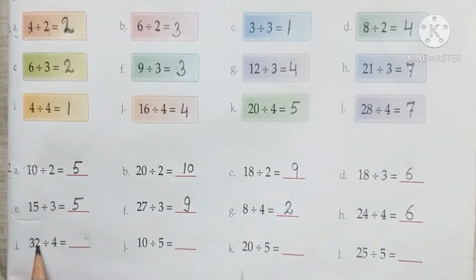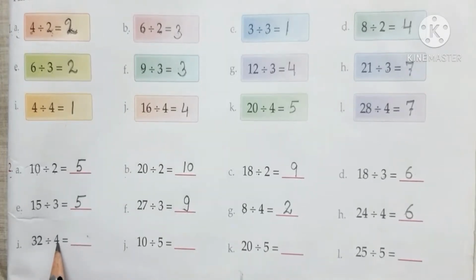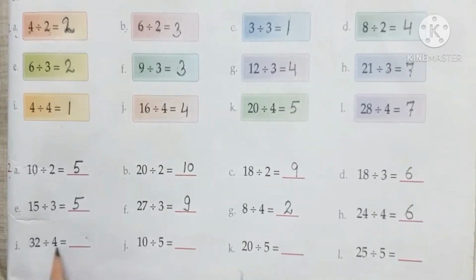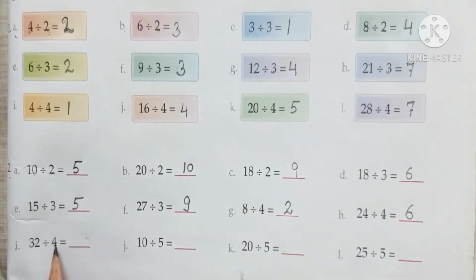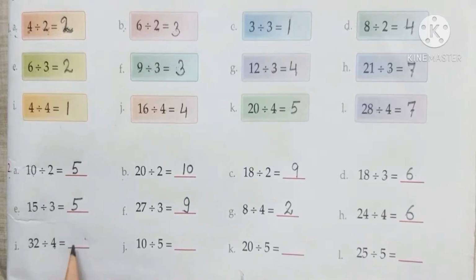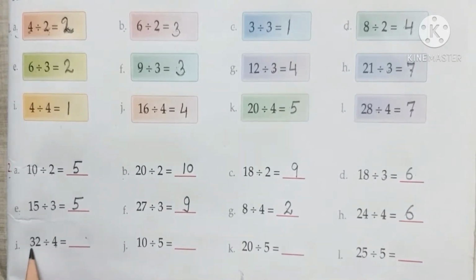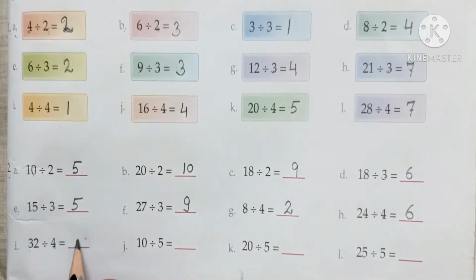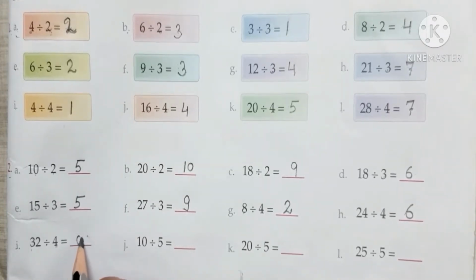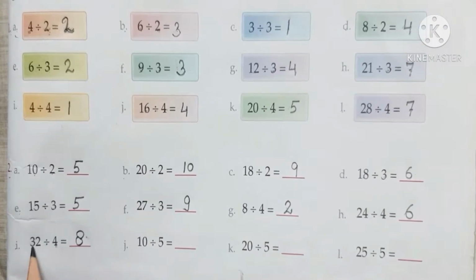I. 32 divided by 4. Recite the multiplication table of 4. Find out how many times 4 goes in 32. 4 8s are 32.